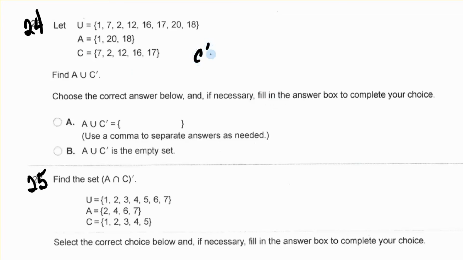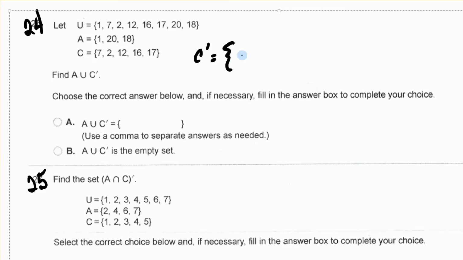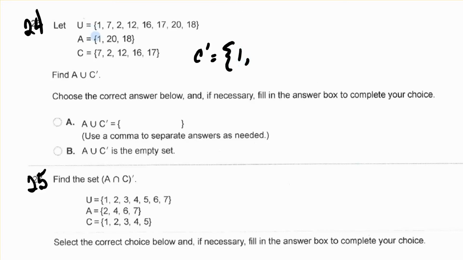So C complement will be everything in the universe that is not in C. So 1 is in the universe, but I don't count 7 because it's in C. I don't count 2. I don't count 12. I don't count 16 or 17, but I do need 20 and 18.